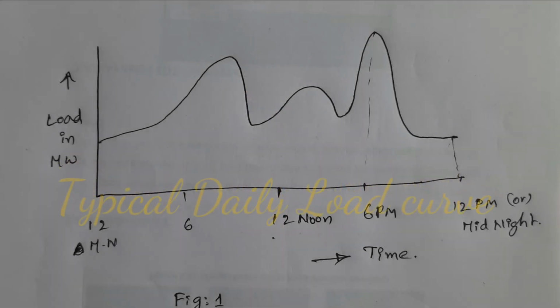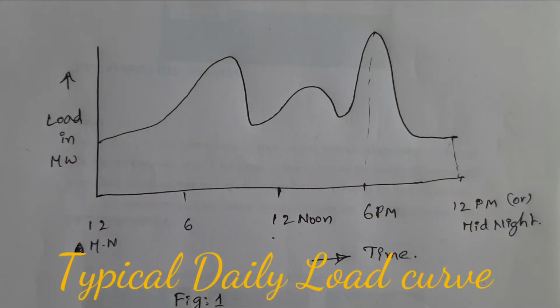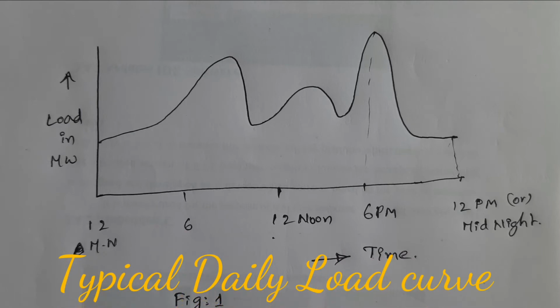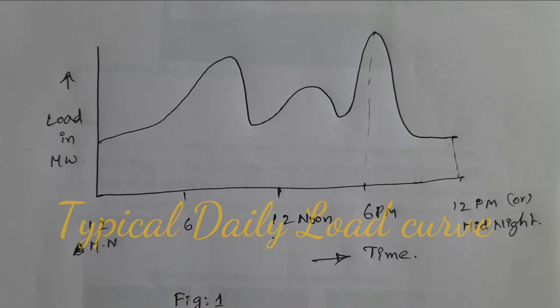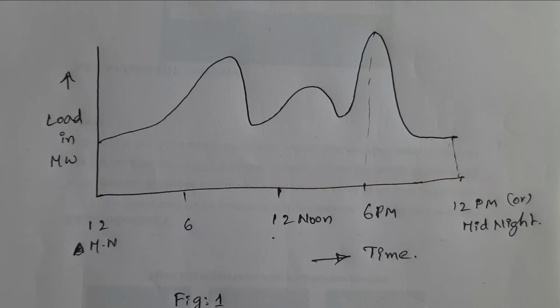You can see the diagram. Figure 1 shows a typical daily load curve of a power station. It is clear that the load on the power station is varying, being maximum at 6 pm in this case. It may be seen that the load curve indicates at a glance the general character of the load that is being imposed on the plant.